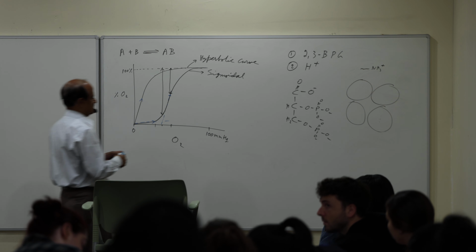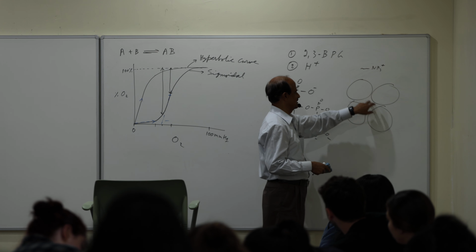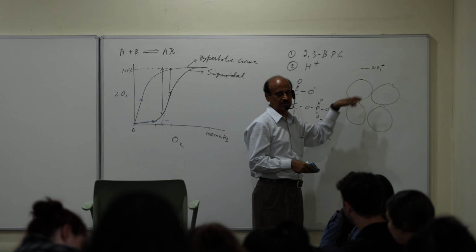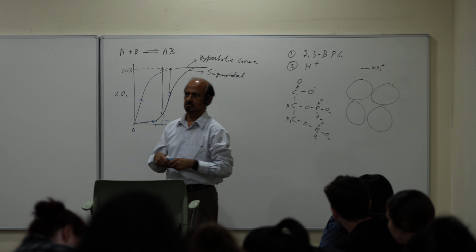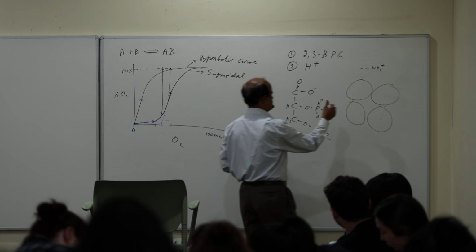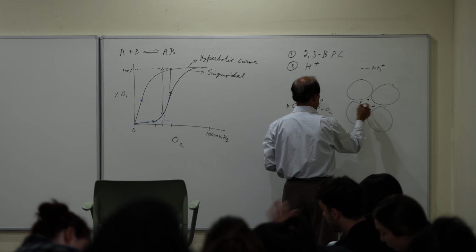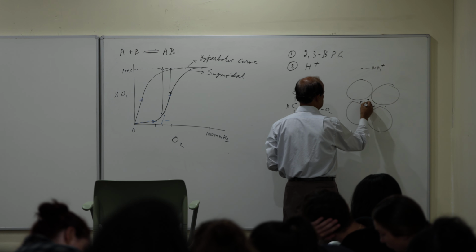So there are 6 of these that are represented here, coming from the lysines and from the first amino acid of 2 of the chains, and those positive charges, I'm just writing the positive charges somewhere here, are involved in binding to the BPG.